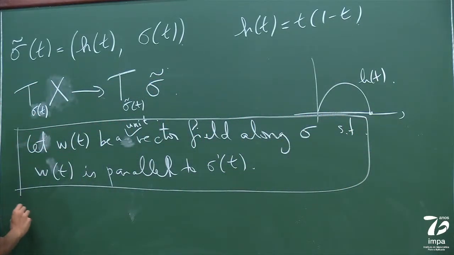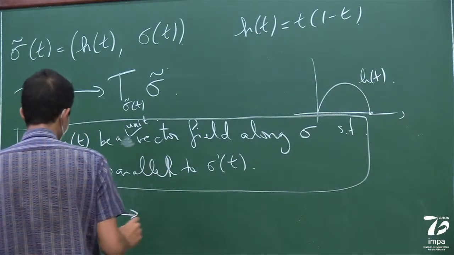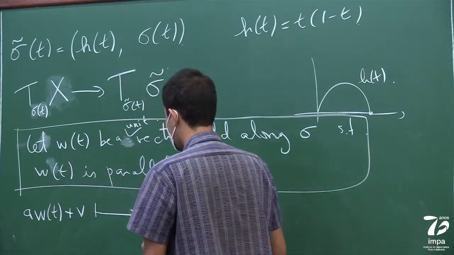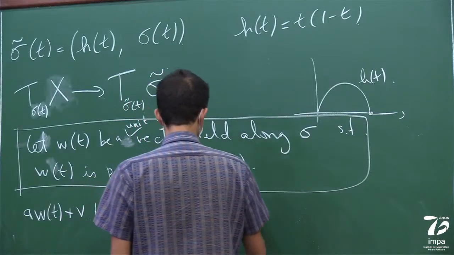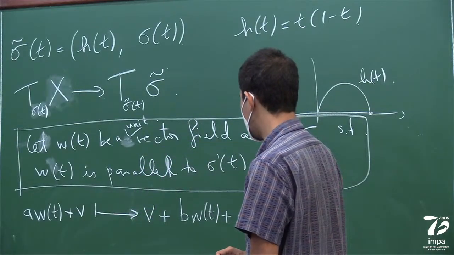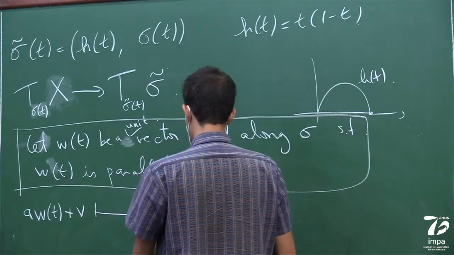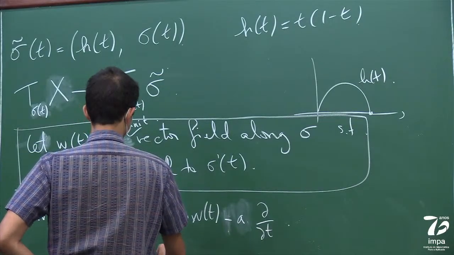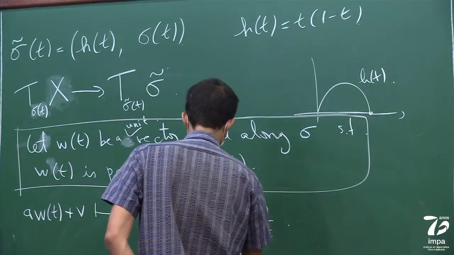Now you have a vector of the form A W(t) plus V, and you're going to take that to something, let's say a multiple of W(t) plus a multiple of d/dt, in such a way that I think you want to put a minus A here, and then you can construct the B so that when you take the inner product of this with your h prime of t, d/dt, plus sigma prime of t.